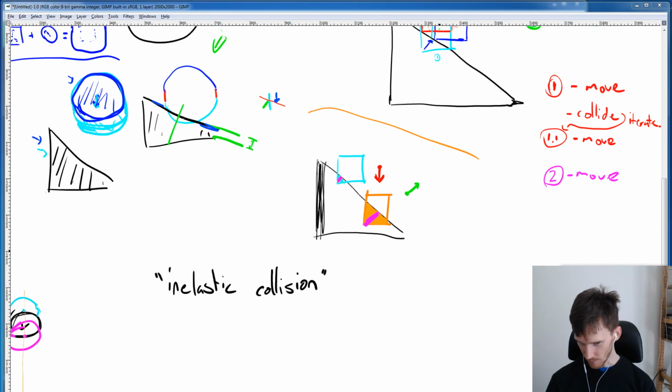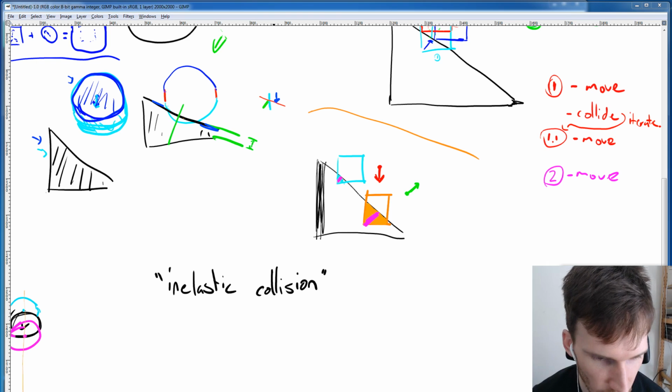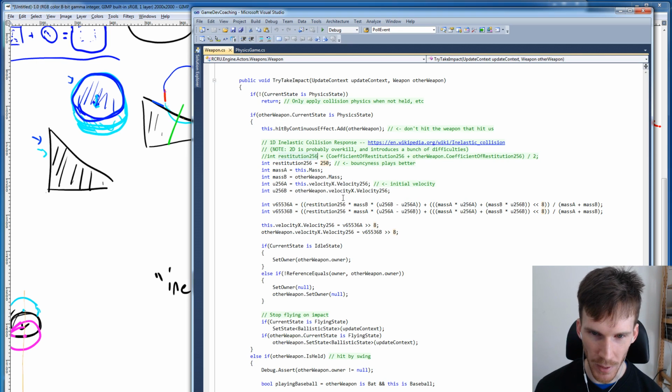We've jumped ahead a bit, which is fine. So these are the factors coming into this calculation: the coefficient of restitution, which we could average between the two objects' individual ones, the mass of the two objects, and the velocities of the two objects.